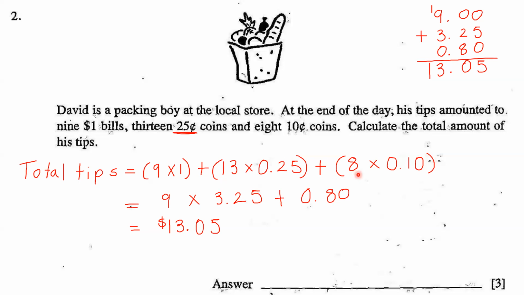Then we times 8 by 0.10, which gives us 0.80. And then we add them all together to give us 13.05. That's a good point. Not multiply, so it's supposed to be addition. This is addition, not multiplication. Please correct that. All right. Good. Thank you, Chai.